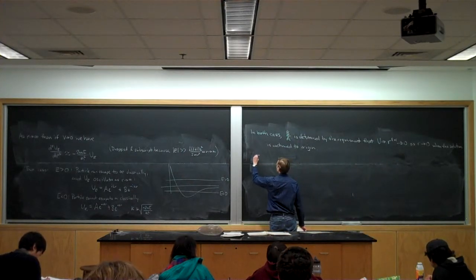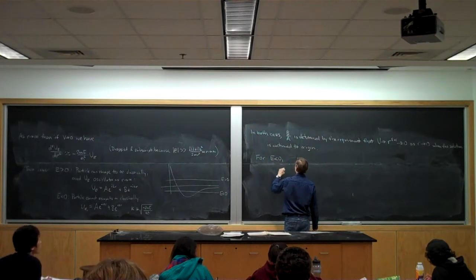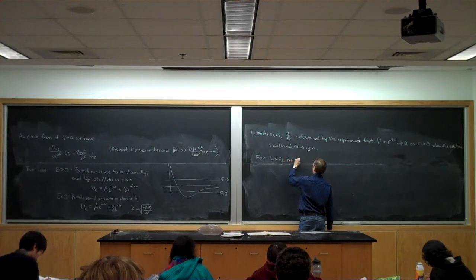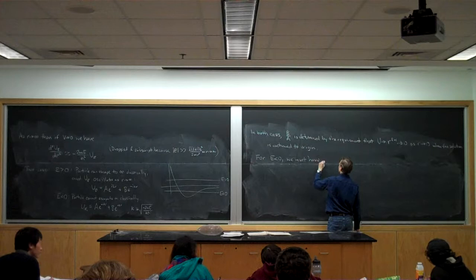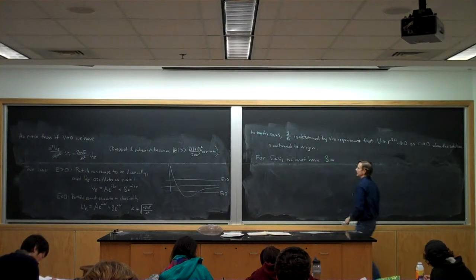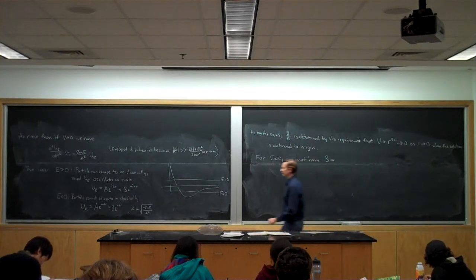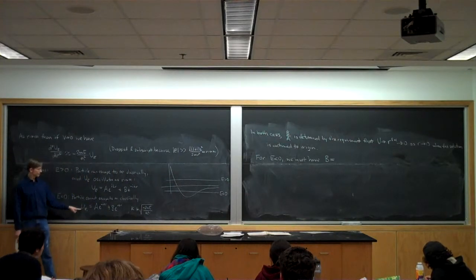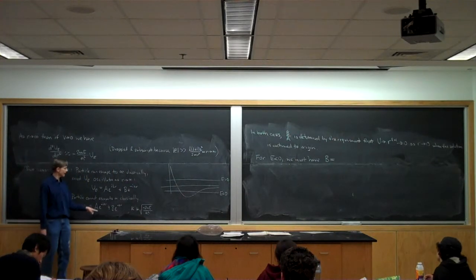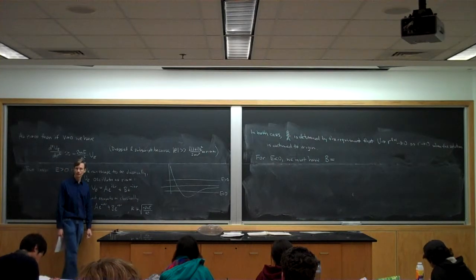But there's an additional condition. For E less than 0, we must have a solution that, far from the origin, looks like A e to the minus kappa r plus B e to the kappa r.